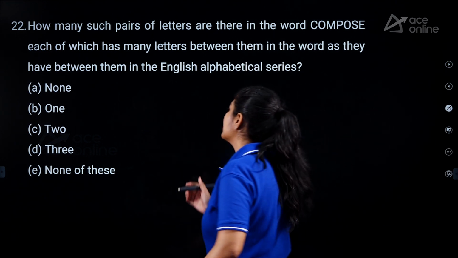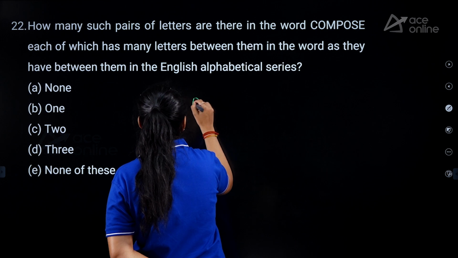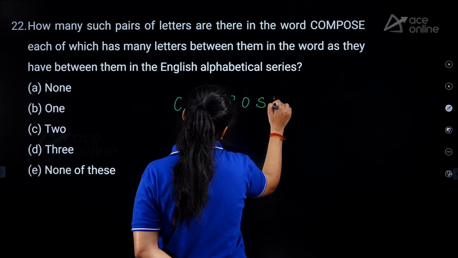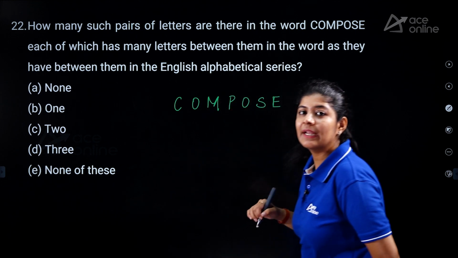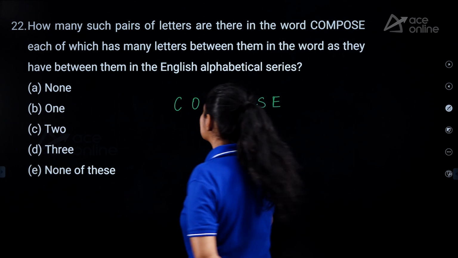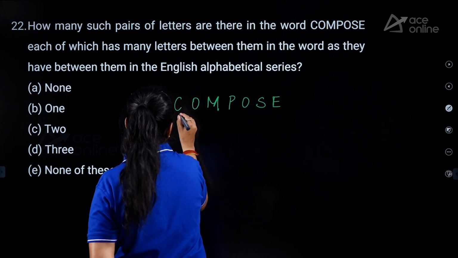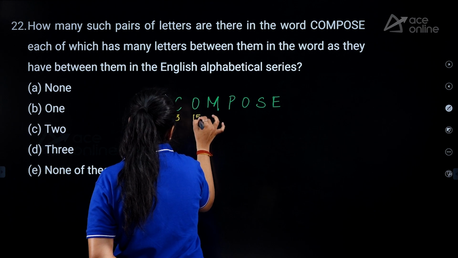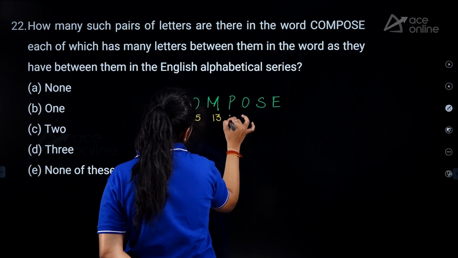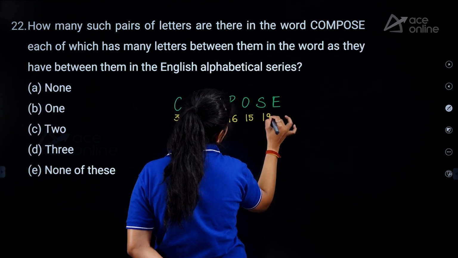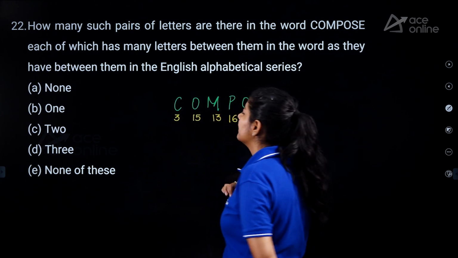So for this, what we need to do, first just simply write down the spelling, whatever spelling you are having. Okay. So here, what we can do, just simply write down the associated numbers. 3, 15, 13, 16, 15, 19, 5, right?